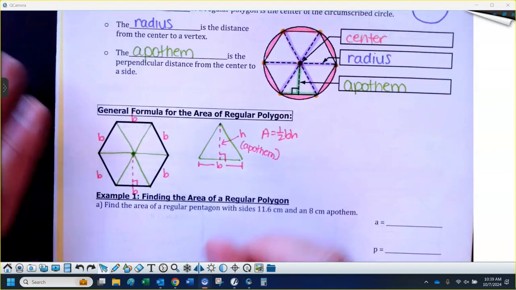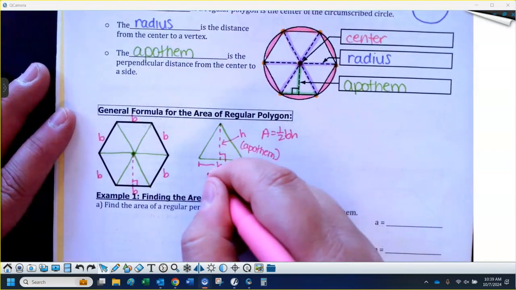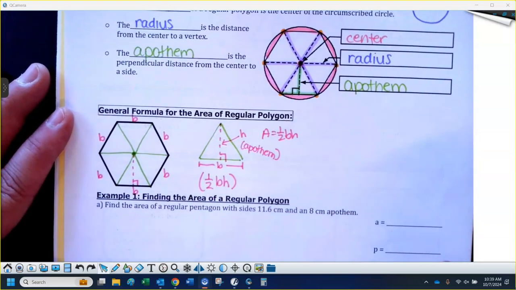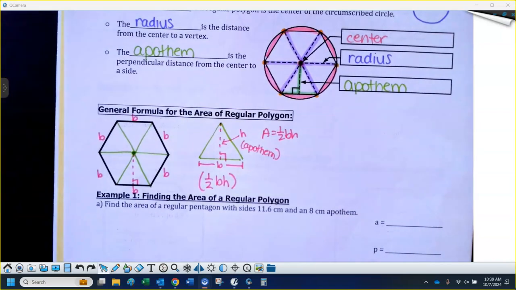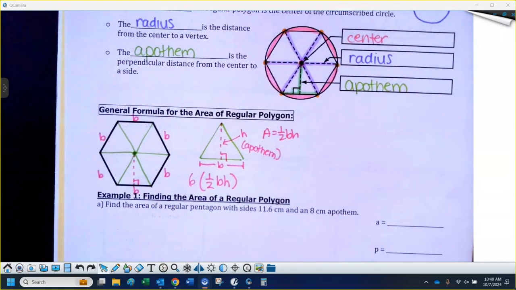Here's how this works. If I would take each one of these triangles and I did 1/2 base times height, what would you multiply that by to get the area of the whole figure? Times 6. Okay.